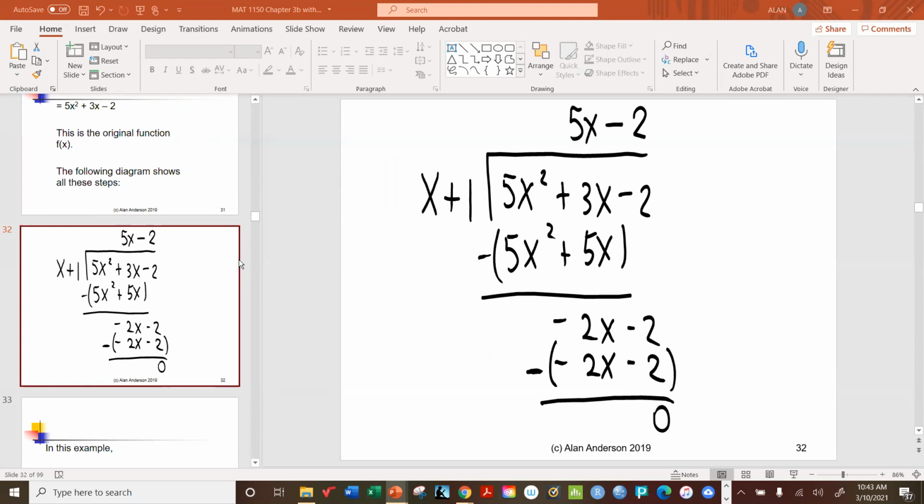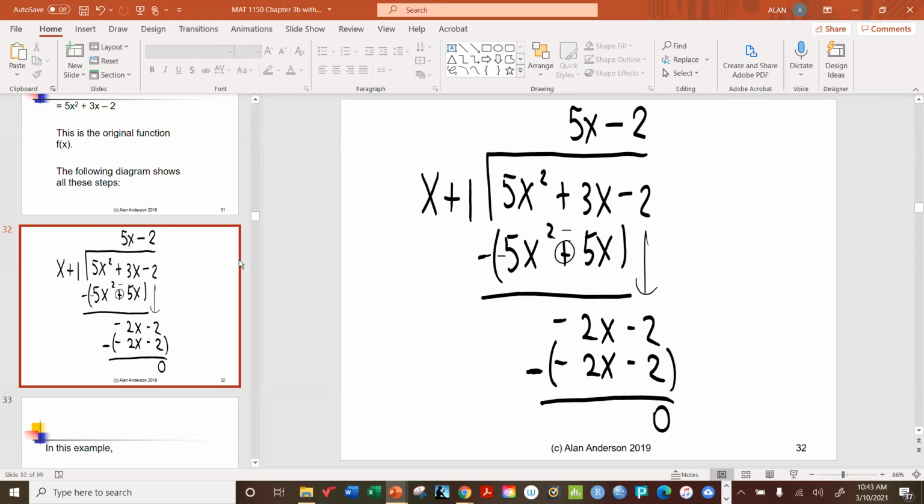All right. So you start out with the 5x. Why do you need 5x? To get rid of this 5x squared. You subtract these off. This becomes negative. This becomes negative. So you have negative 2x minus 2. This one has to come down. And to get rid of a negative 2x, let's multiply this by minus 2. And so you got minus 2x minus 2.